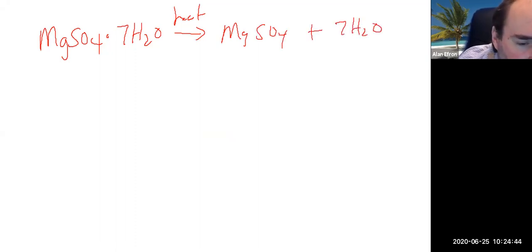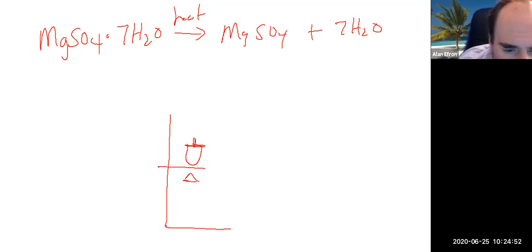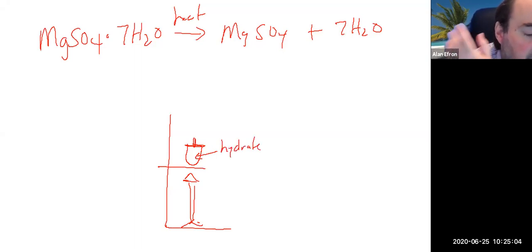what we're essentially going to do is, they took a ring and a ring stand, and they took a crucible with a lid, and they took a Bunsen burner there. That's a nice looking Bunsen burner, I guess. We'll go with that. And they put the hydrate in here. So they started with a certain amount of hydrate, and they started to heat it.